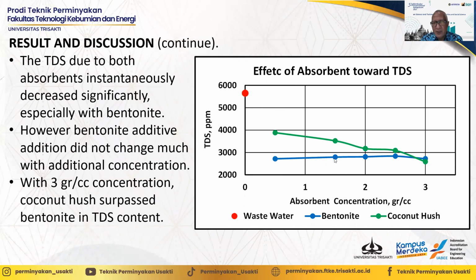So whatever we add to the concentration of bentonite, there is no significant change in the TDS. However, for the coconut husk, it decreased from less than 4,000 to around 2,500, which is lower than the effect of the bentonite. So there is a significant decrease with the coconut husk.